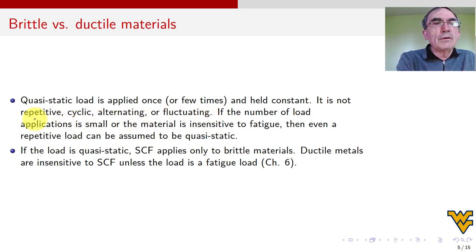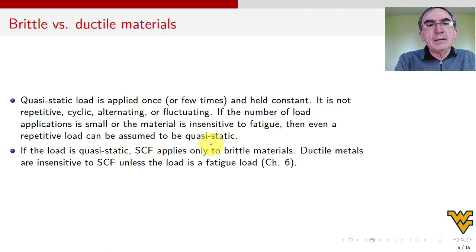These loads are for chapter 6, fatigue. So if the number of load applications is small, or the material is insensitive to fatigue, because there are materials that are insensitive to fatigue, so it doesn't matter. They don't care about fatigue. Then even a repetitive load can be assumed to be quasi-static. But in general, when we say quasi-static, we mean a load that we put and we leave there, or we put only a few times, not many times.